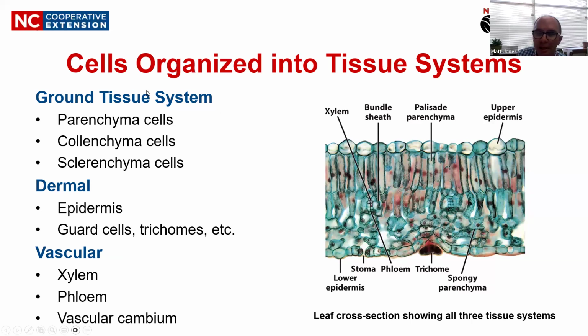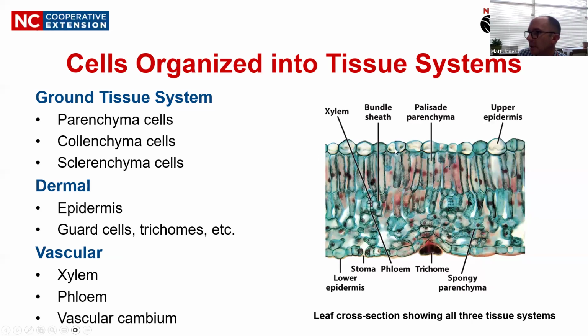So we'll look a little bit at each of these cell types in a moment, but in the ground tissue systems, we have basically three cell types. Most of those ground tissues are made up of parenchyma, and there are two kinds of specialized cells called collenchyma and sclerenchyma.